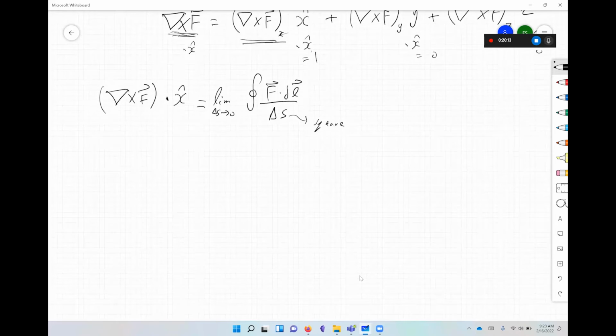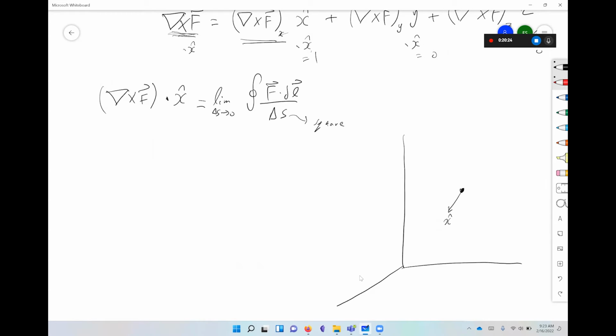So if I go to my 3 dimensions, I have a point here. This is x hat. I will take the contour that I'm integrating over to be, I'm going to draw it big, but imagine it to be really tiny, just so that we can draw it easily. Imagine it to be this rectangle.